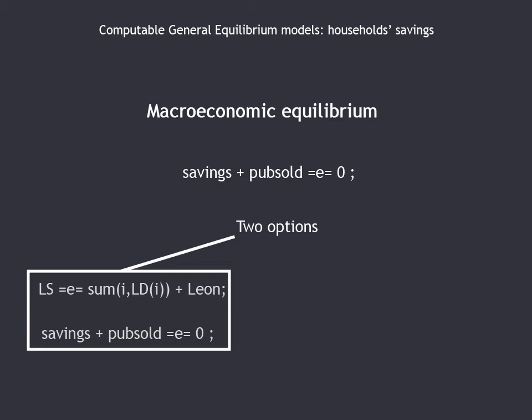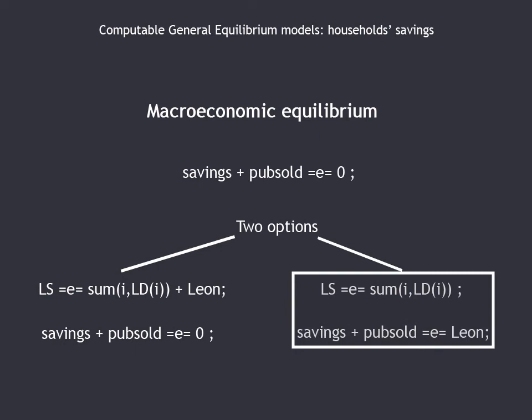It is Walras's law. So the first option is to keep Léon on the labor market equilibrium. So we have LS equal to the sum over I of labor demand plus the Léon variable. And so the macroeconomic equilibrium in this model is simply savings plus pub sold equal to 0.